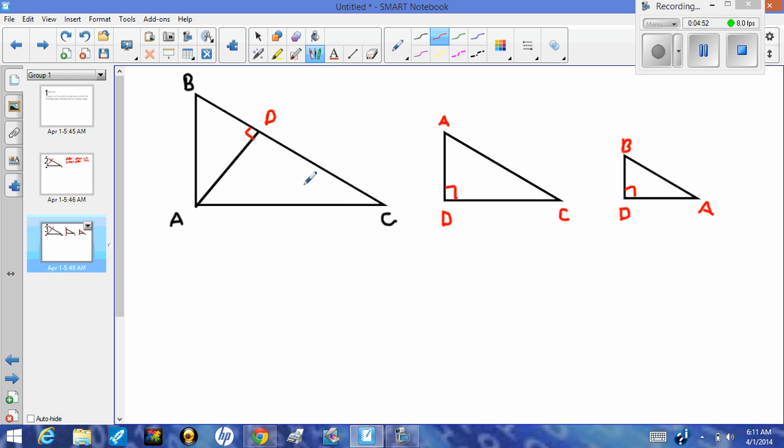Side AC, the bottom leg of the triangle, over its hypotenuse, we always put it over the hypotenuse, which is BC, is equal to the bottom side of the middle triangle, which is DC, over its hypotenuse, which is AC. Now the reason I chose the bottom leg is I was looking ahead and seeing that the bottom side of the medium triangle also makes up the hypotenuse.